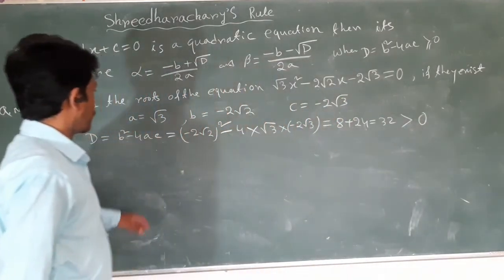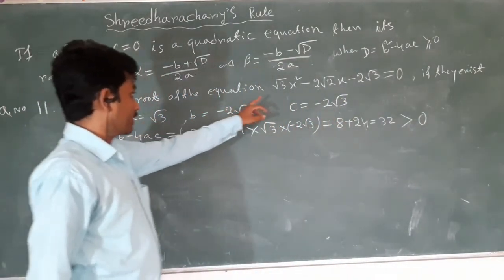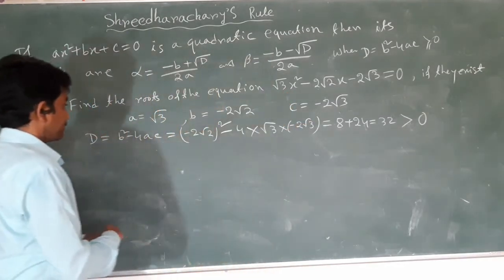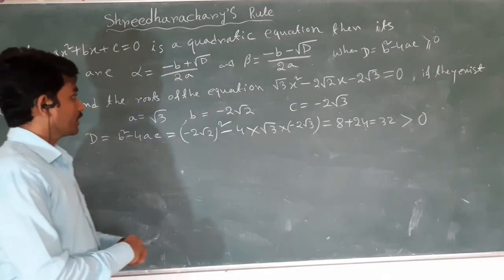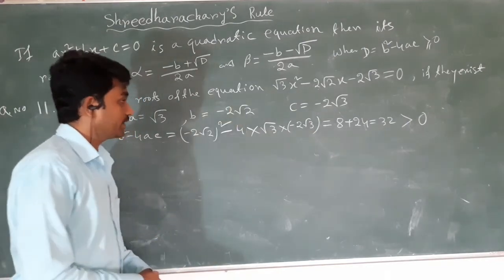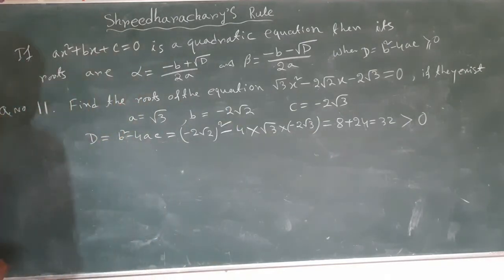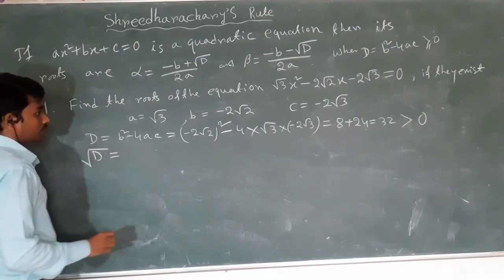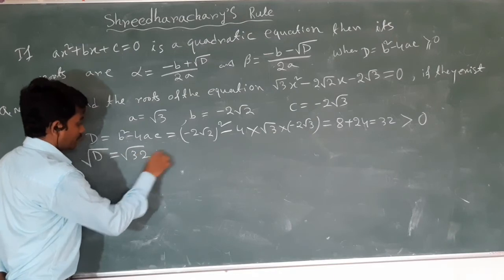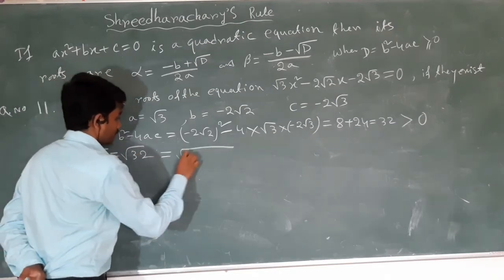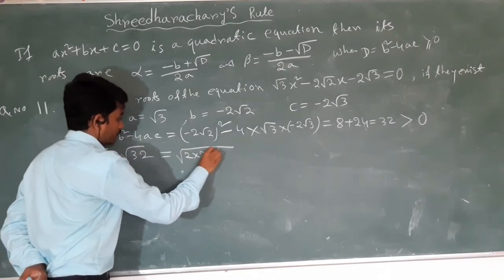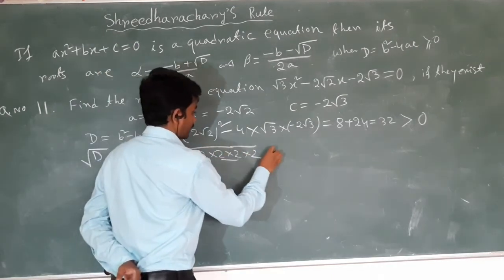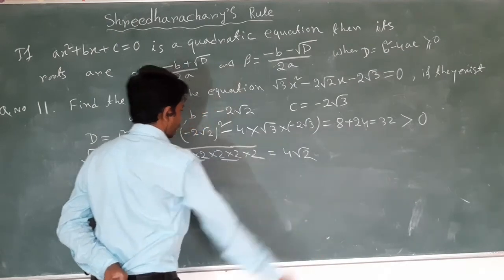So the roots of the given quadratic equation are real numbers. So the given quadratic equation has real roots. So now under root D is equal to under root 32, that is 2 into 2 into 2 into 2 into 2, is equal to 4 root 2.